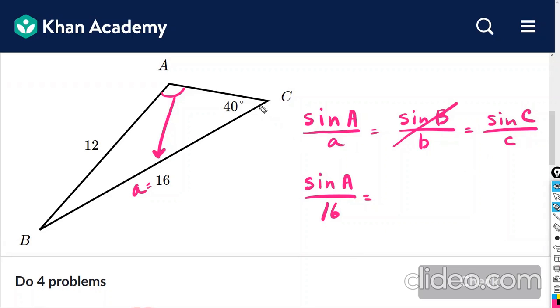Then we have the sine of angle C. Here's angle C right here. So that's going to be 40 degrees, sine of 40. And divided by lowercase c, that's going to be the side length across from angle C. So that's just 12.